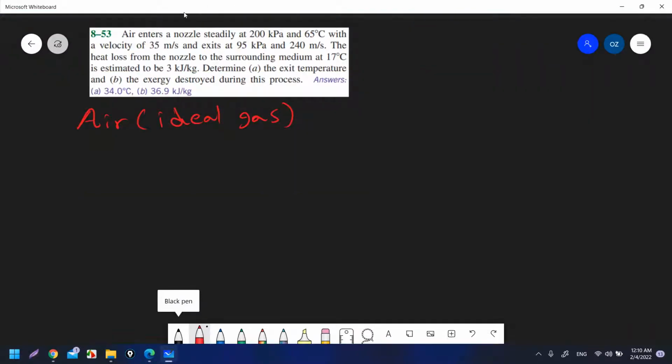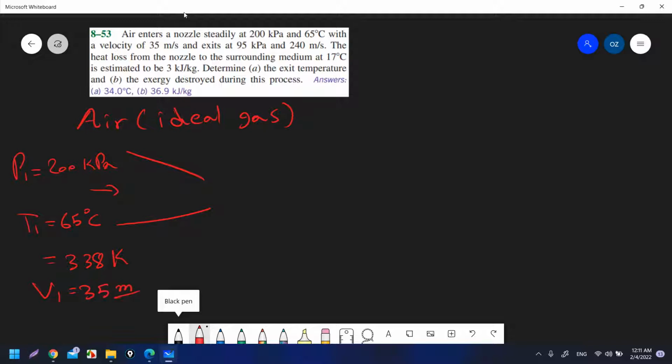so let's draw a nozzle. It is a steady device also. Air enters at 200 kilopascal, so P1 equal to 200 kilopascal. Okay, and T1 equal to 65 degrees Celsius or 338 Kelvin, at velocity V1 equal to 35 meter per second.